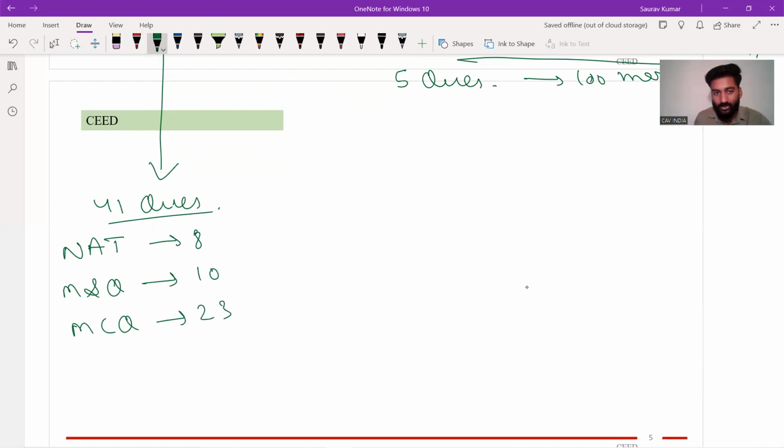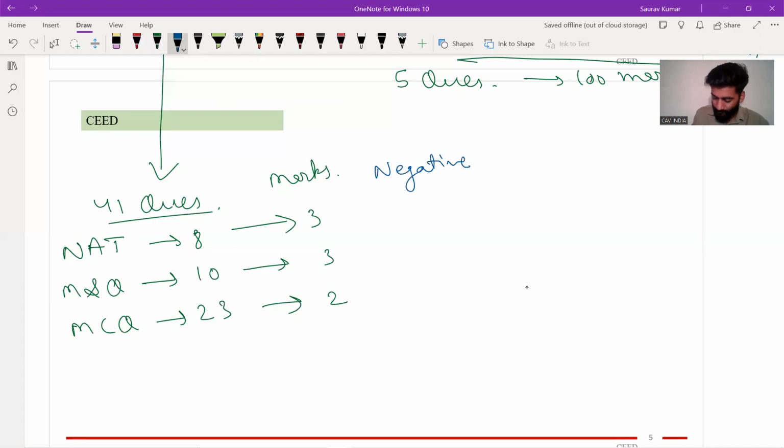These questions have their own weightage: numerical answer type for 3 marks, MSQ for 3 marks, and MCQ for 2 marks for each question. The numerical answer type have 0 negative marking, MSQs have -0.2, MCQ have -0.5. So this is an overview.